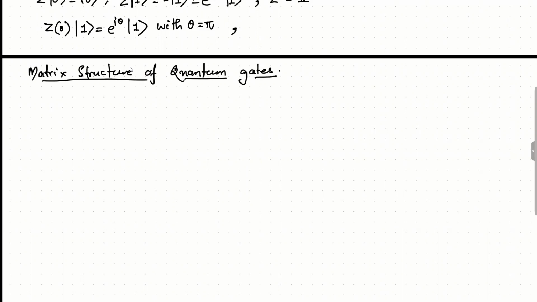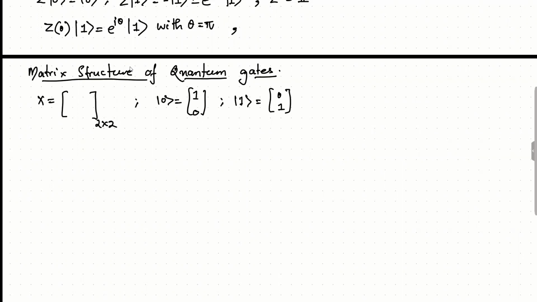So what I'm trying to tell is this X gate should be a 2 cross 2 matrix because this 0 is a vector, 1 0, and 1 is also a vector, 0 1.